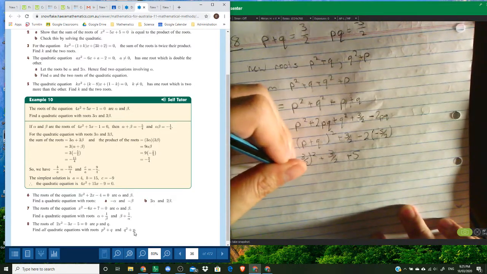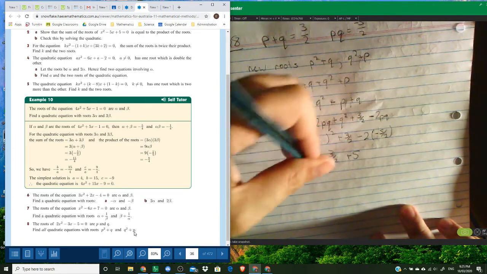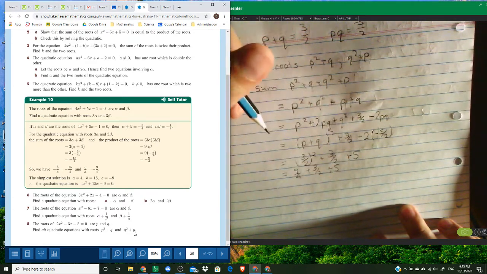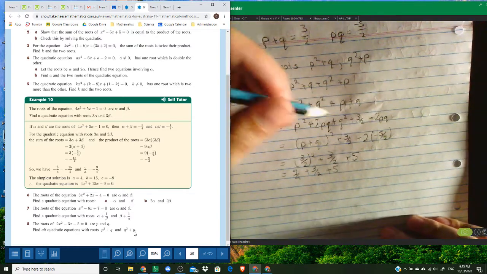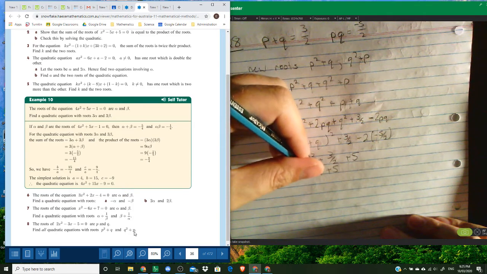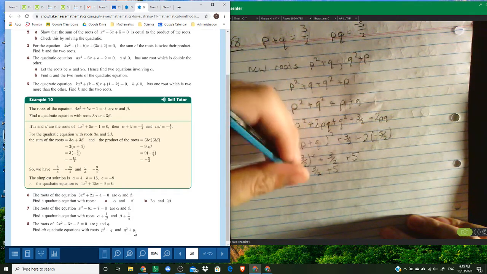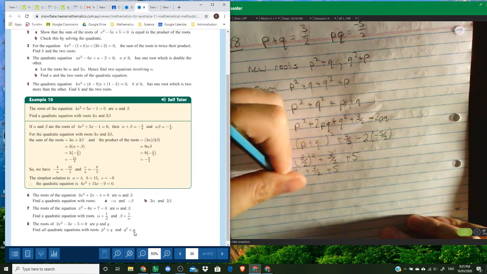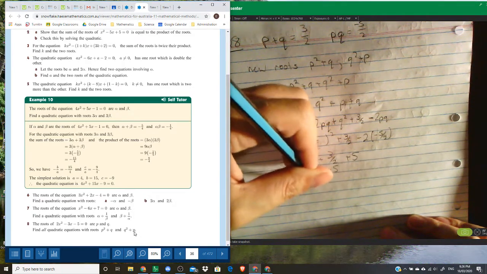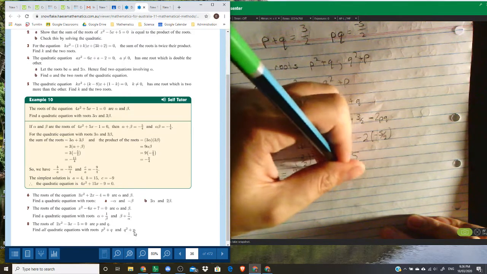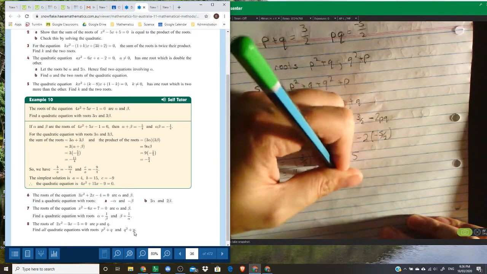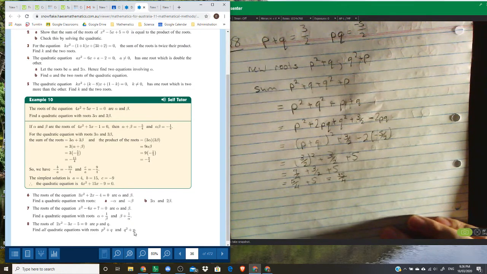So now we've got 9 on 4 plus 3 halves plus 5. Oh boy. And that can be written as 6 on 4, so now we've got 15 on 4 plus 5 wholes. 5 wholes is 20 on 4, which plus 15 is 35 on 4. Okay, that's the sum.